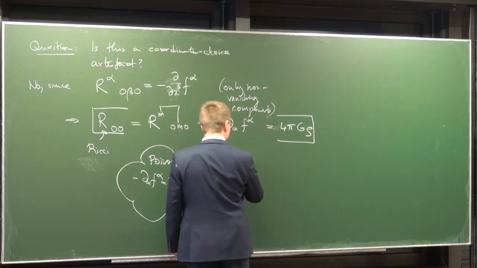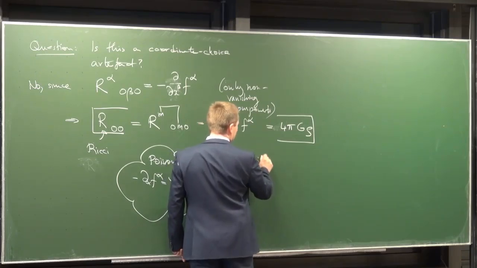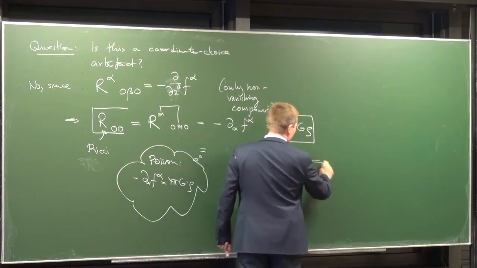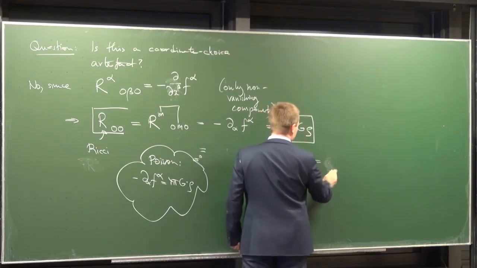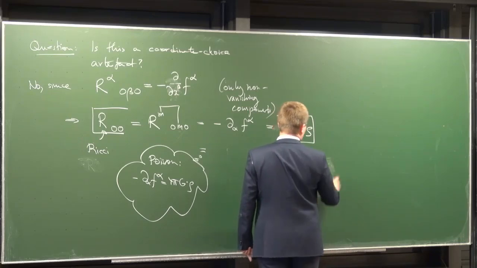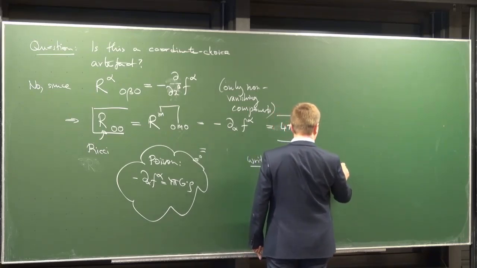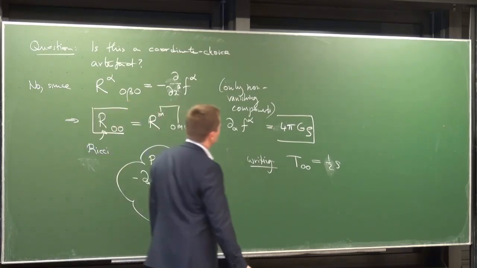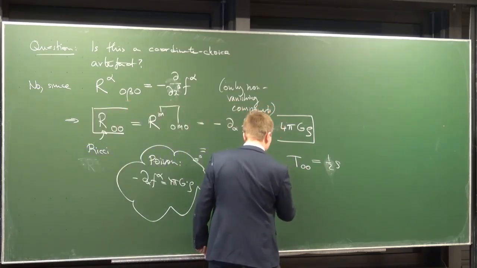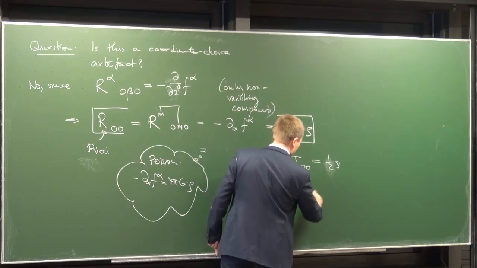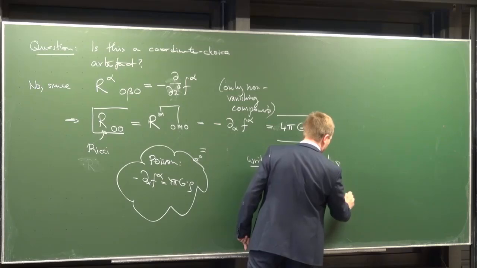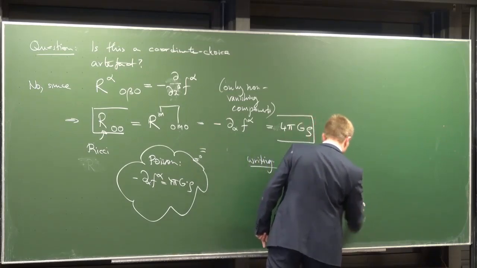Writing an energy momentum tensor like one half rho, which is really, in a sense, cheating, you get R00 equals 8 pi G T00.